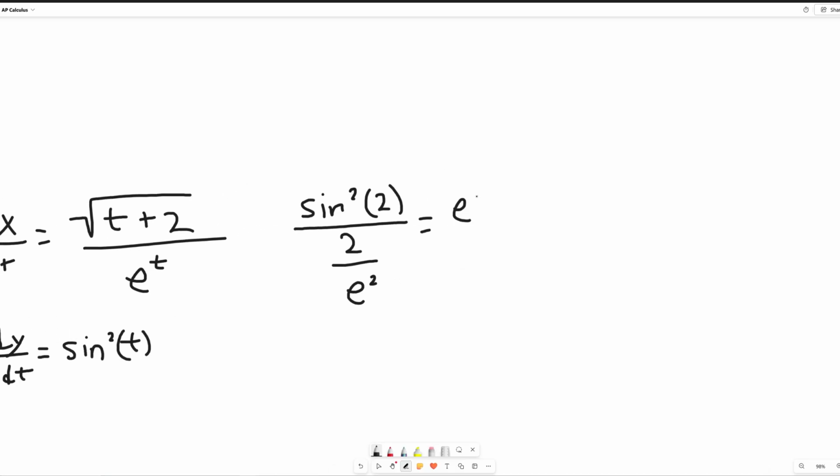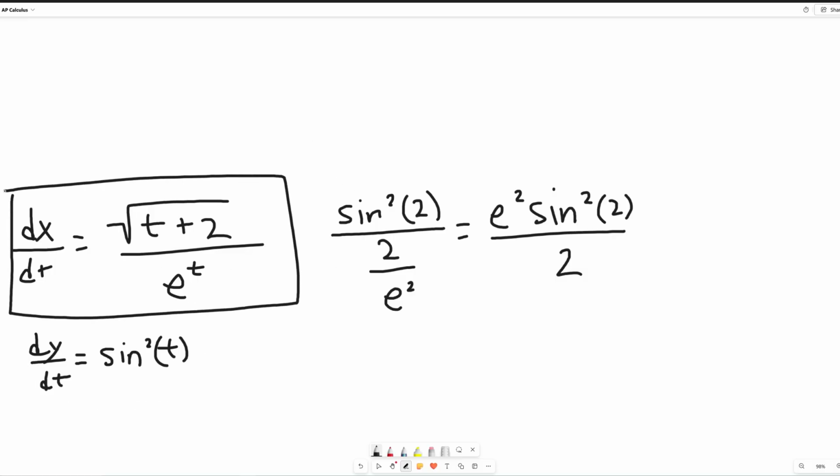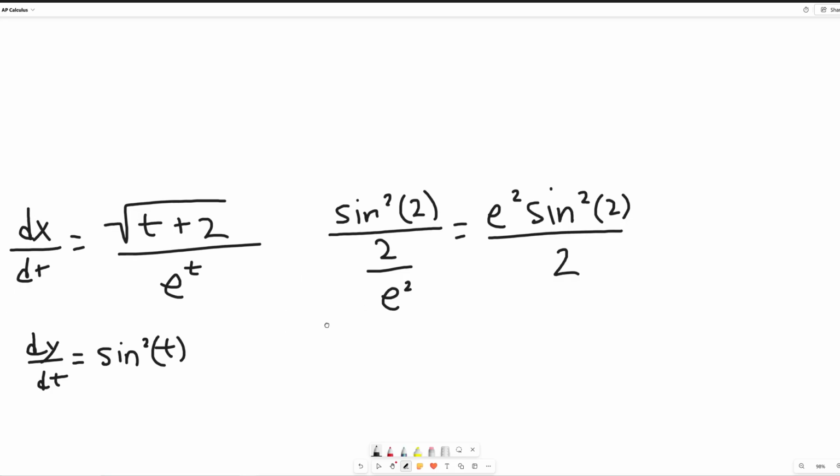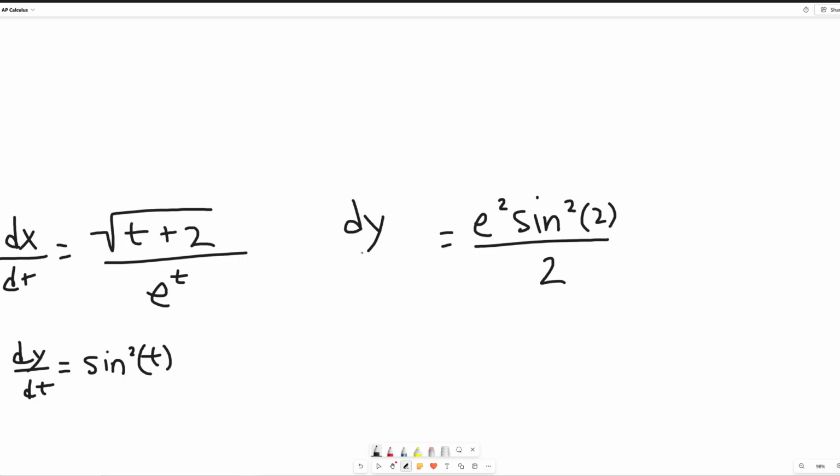So really, this equals e squared sine squared of 2 over 2. If you didn't understand how I got that, I took my dy over dt and put it on top and plugged in 2. And then I took my dx over dt, put it on bottom, plugged in 2. So the slope, dy over dx at t equals 2, is going to be this.